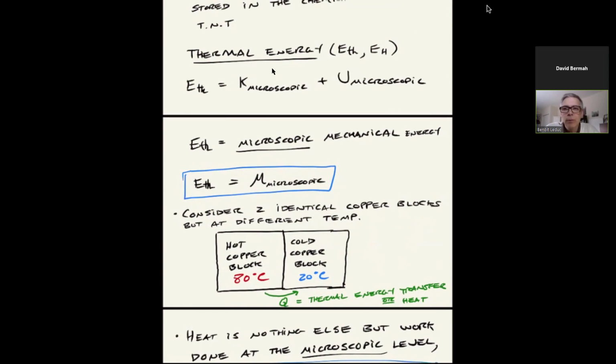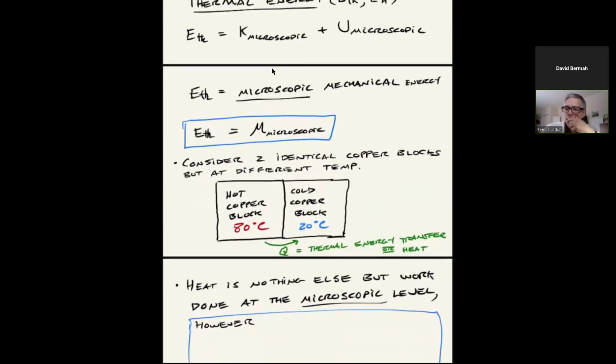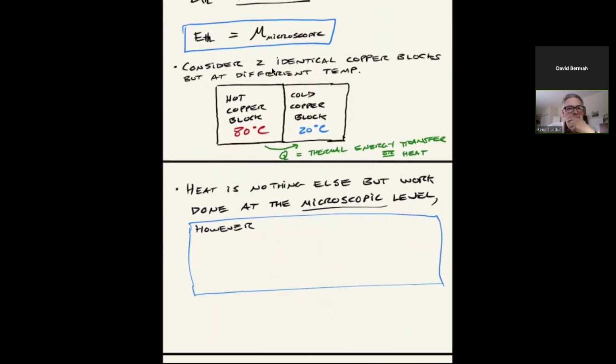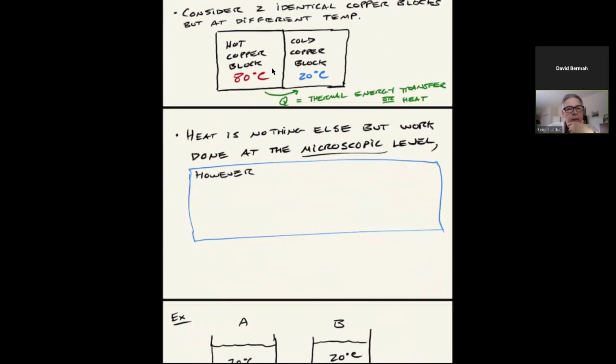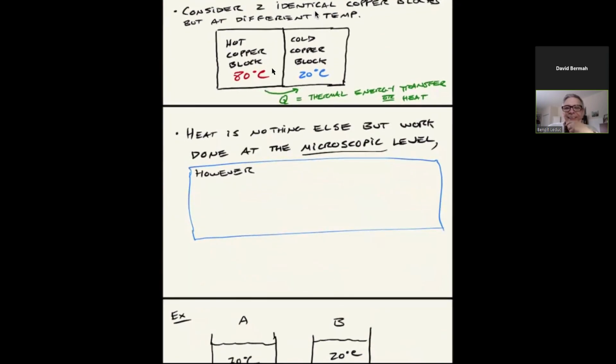Heat in German. Hitze. No, I don't know why or where it comes from.